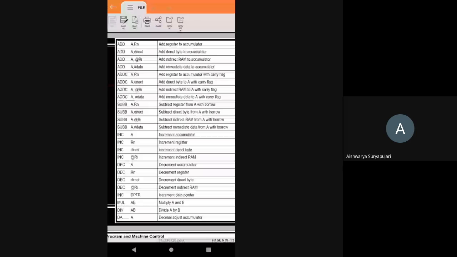Only the earlier part is going to be changed. ADDच्या ऐवजी SUBB, SUBBच्या ऐवजी ADDC, ADDCच्या ऐवजी INC, INCच्या ऐवजी DEC, that is decrement. So what it is doing actually, it is nothing but increasing the value by 1.